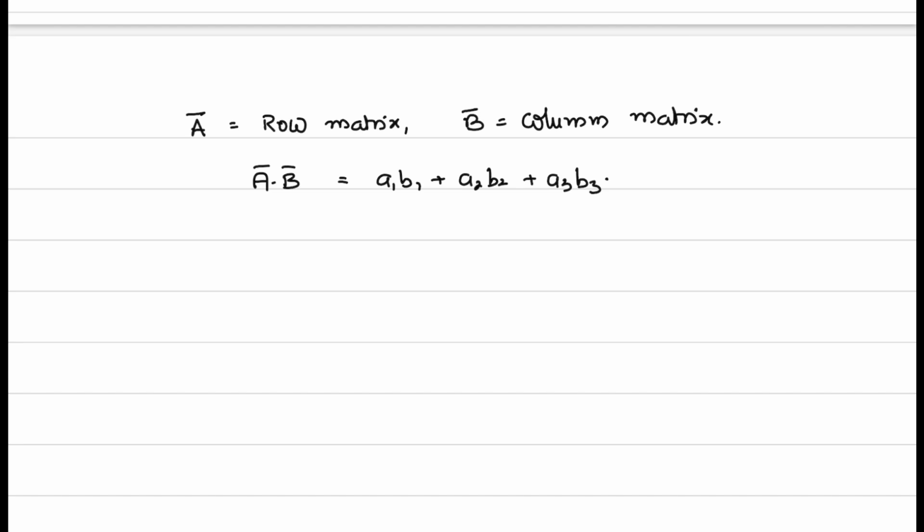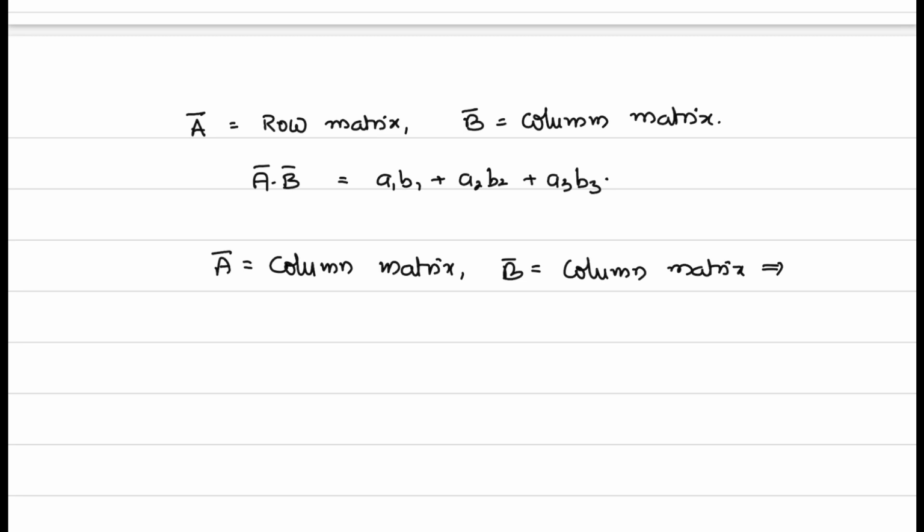And if both are column matrices, A is a column matrix and B is also a column matrix, then A dot B cannot be possible because both are column matrices. The number of columns in the row matrix should be equal to the number of rows in the column matrix, but both are column matrices.